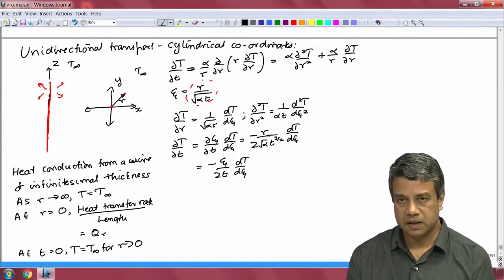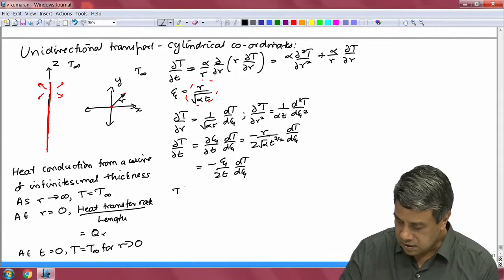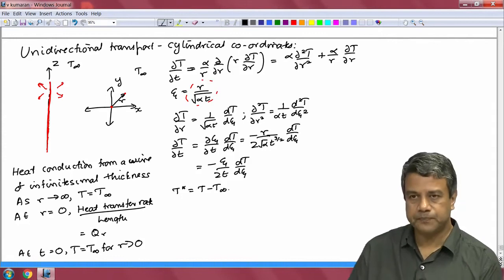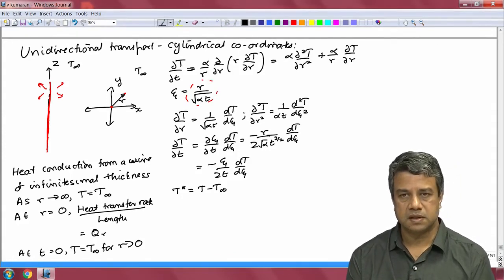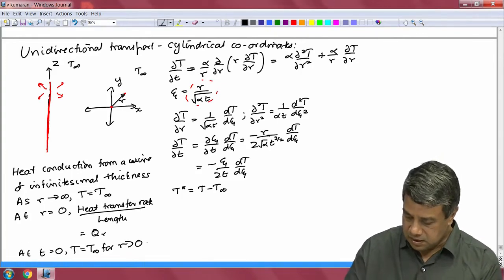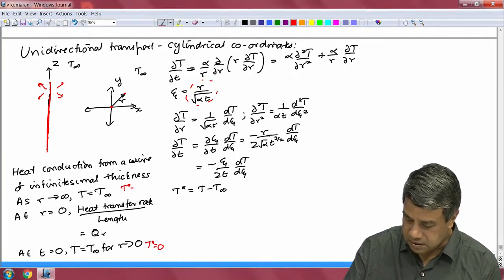Okay. Therefore, what I can do is to define T star as just equal to T minus T infinity, okay. Just a difference between temperature and far field temperature. So that this corresponds to T star equals 0 and this corresponds to T star equals 0. Okay.